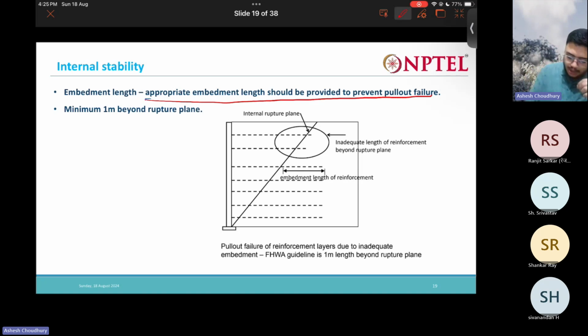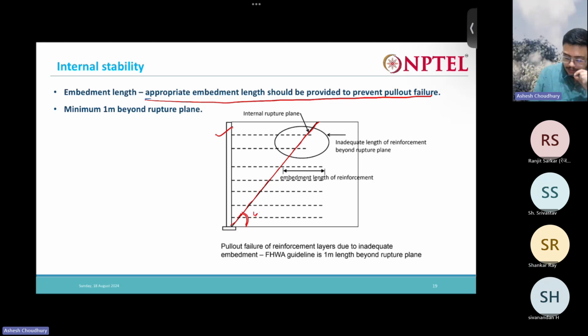Now see, you have the wall, you know the active soil wedge, right? What is this angle? 45 degree plus phi by 2. Yes, 45 degree plus phi by 2. You know the height that you want to construct, H, right?